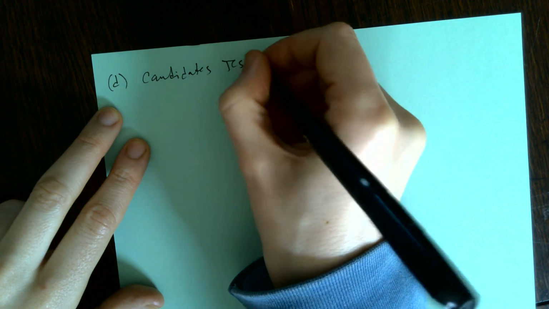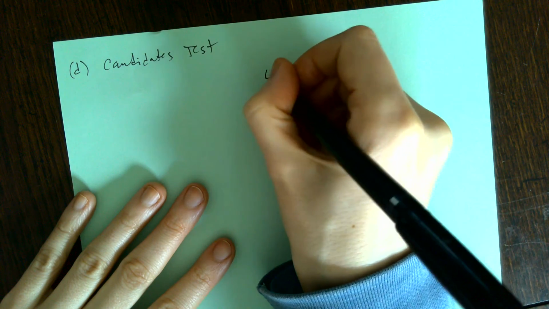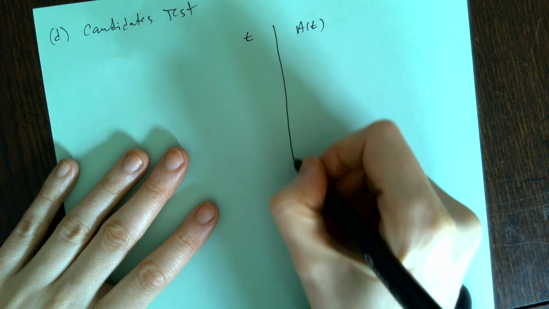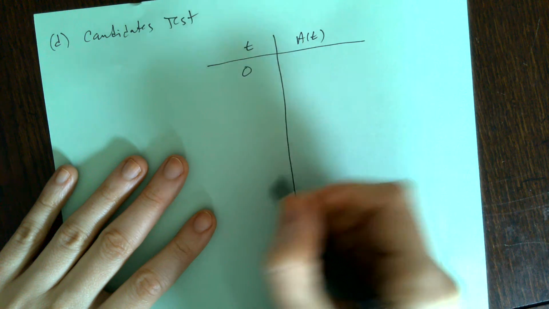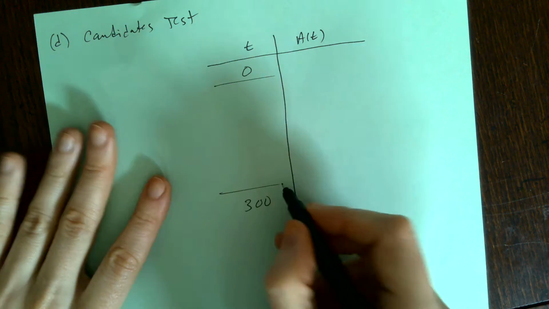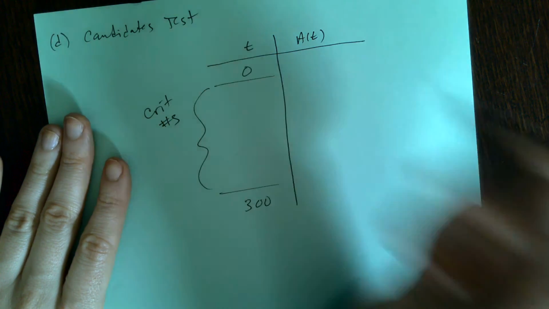Candidates test. All right. So t, A of t. You don't have to set it up exactly the way I do, but we've got 0 and 300. Those are the endpoints. And here we need the critical numbers.